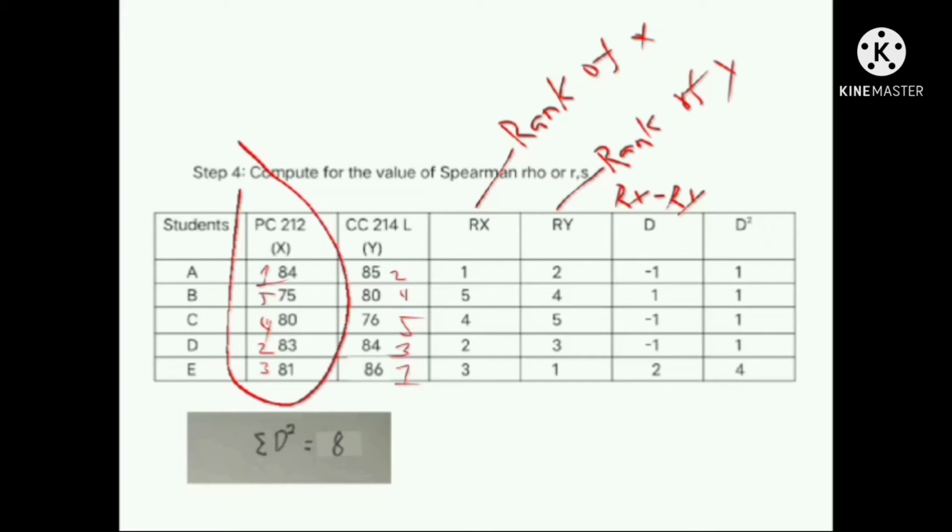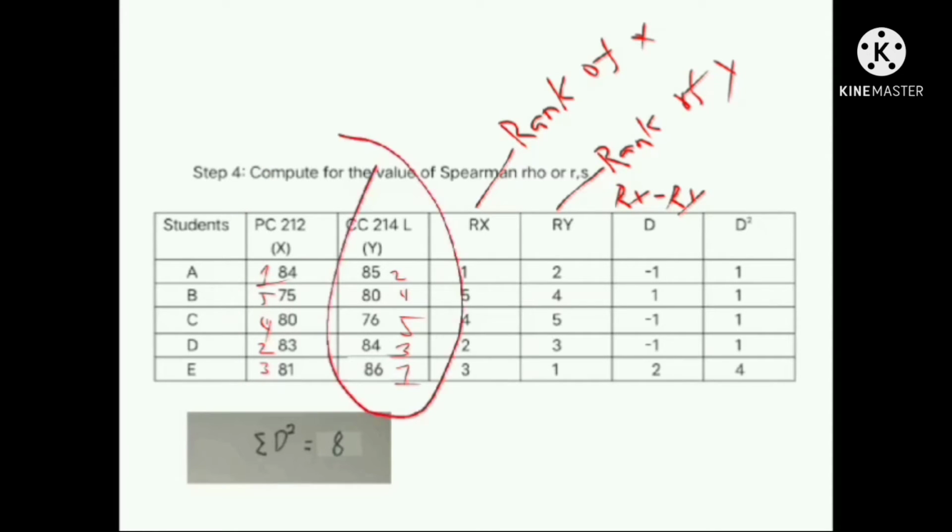So 84 is 1, 83 is 2, then 81 is 3, 80 is 4, then 75 is 5. Same also with the rank of Y. 2, 4, 5, 3, 1 is their ranking.